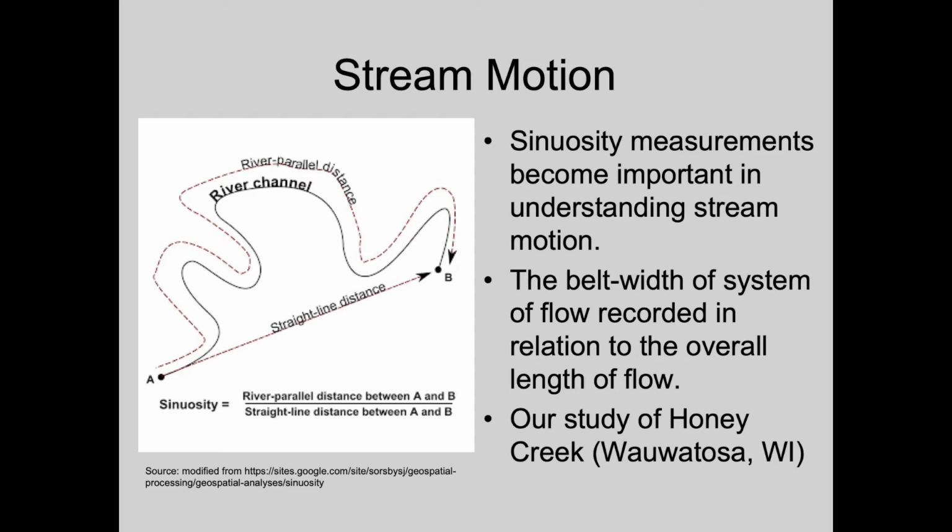The Honey Creek is interesting because, as many of you know, the system itself has been modified. It has been channelized in a variety of ways. Some of them are architectural, others are a combination of natural and man-made processes.